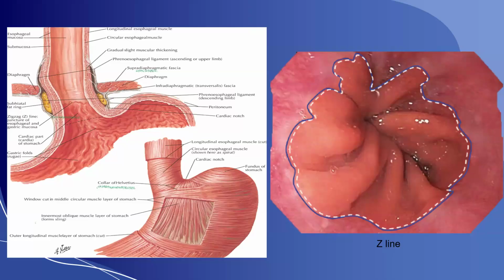The lower esophageal sphincter is presumably determined by the changes in esophageal mucosal color, which we can see over here, denoted by the Z line.